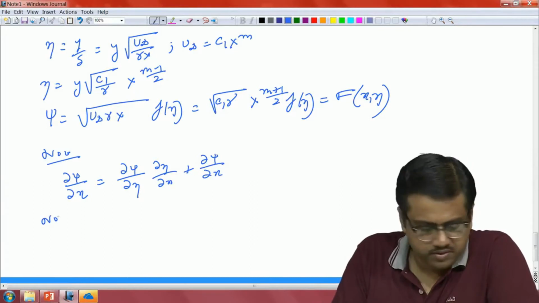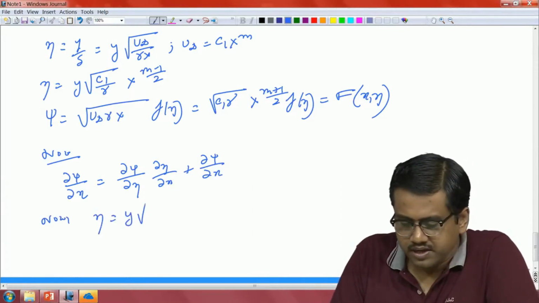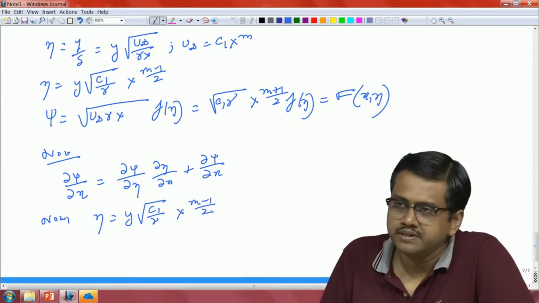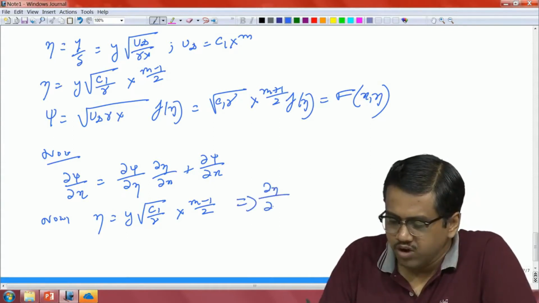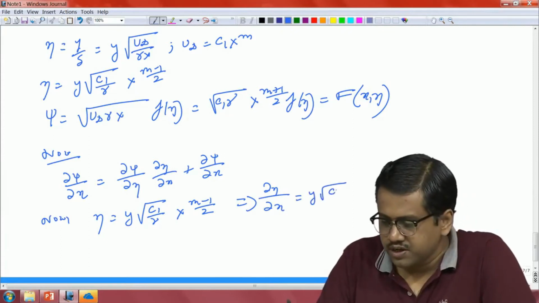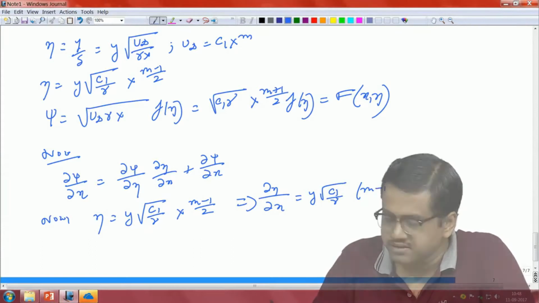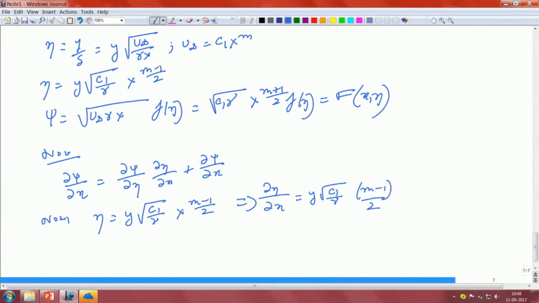Now, neta is given as y times the square root of C1 by gamma, x to the power of (m minus 1) by 2, right. This is also given. So, therefore, this leads to, these are all mathematical transformations. So, it just requires that you work out the math in more detail, which gives you, got it.